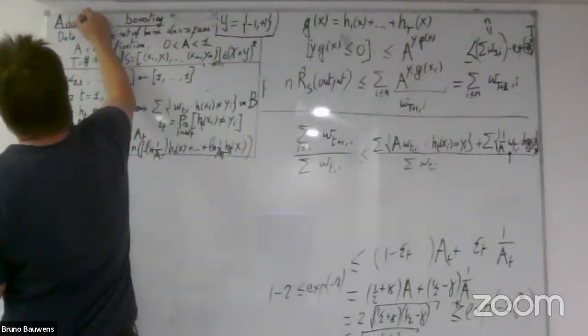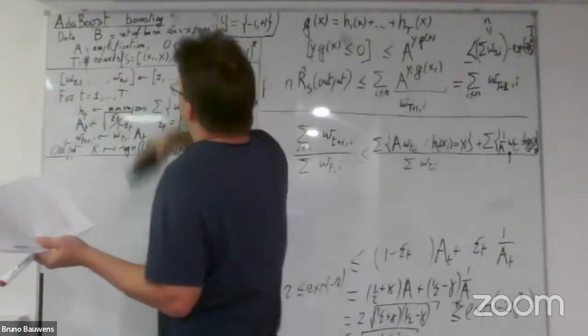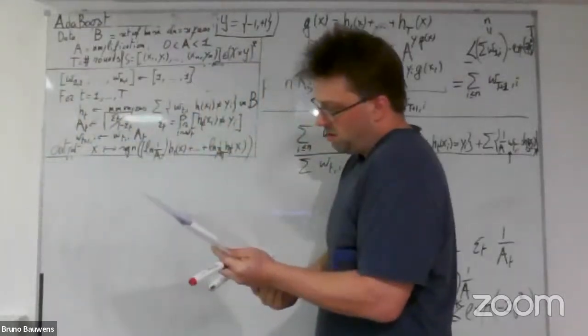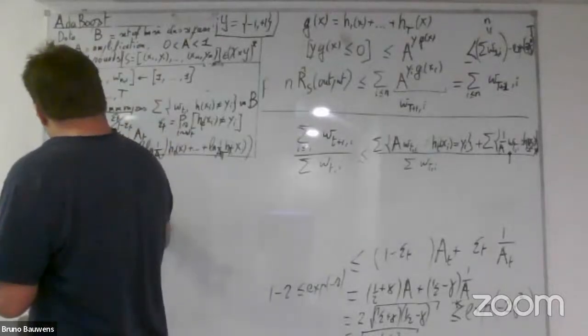So the one that works in practice is an old algorithm for convex optimization. Okay, so coordinate descent.